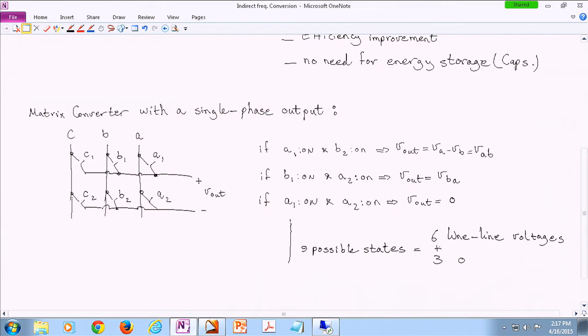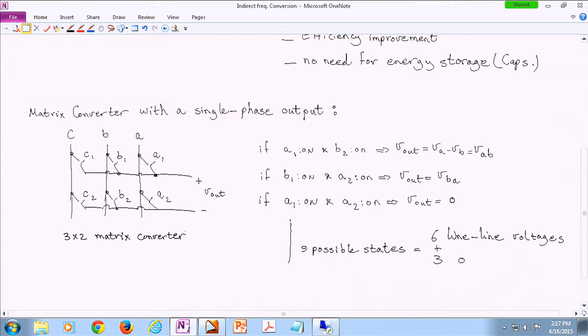And by the way, we are using a 3x2 matrix converter here. So the conclusion that we are reaching is, depending on the need, depending on where we are in terms of synthesizing the output voltage, if I want the output voltage to follow, for instance, VAB, all I have to do is just turn A1 and B2 on.